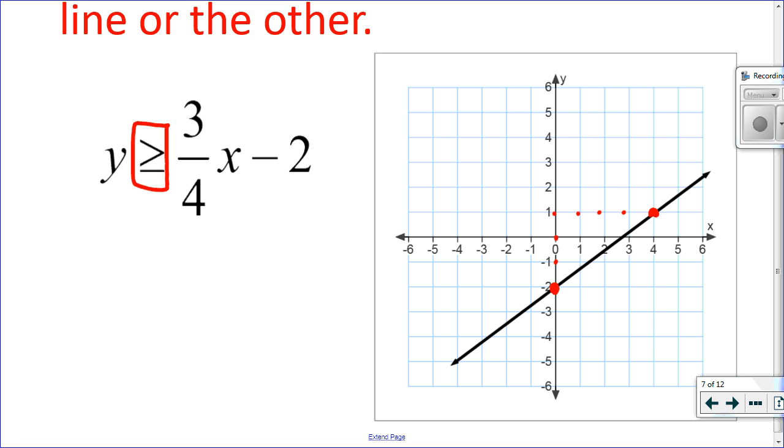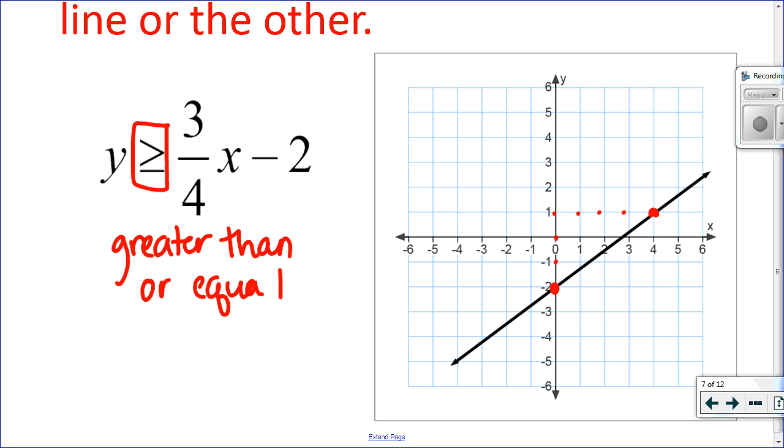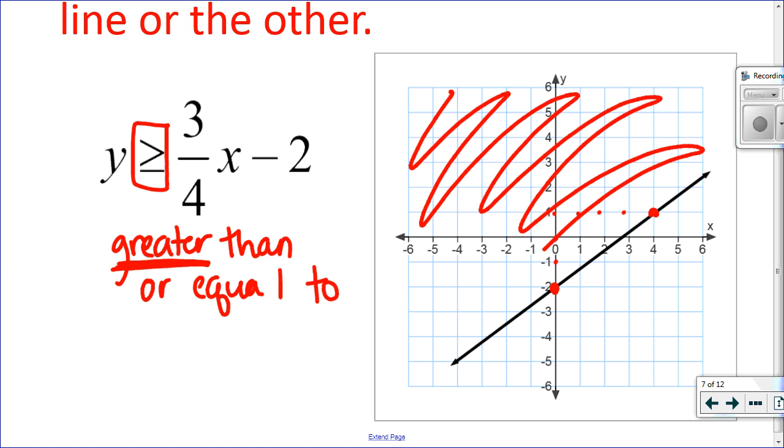Right, so that's already graphed for us, but this is greater than or equal to, right? So where do you think I would shade, above or below this line, if my symbol says that y is going to be greater than the line that I have on that graph? Well, if I'm looking for things that are greater than, then I'm going to be shading above that line.